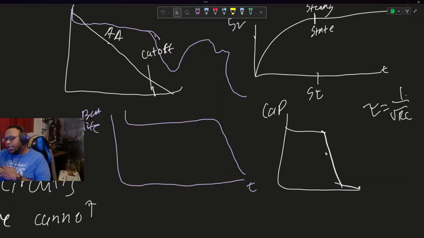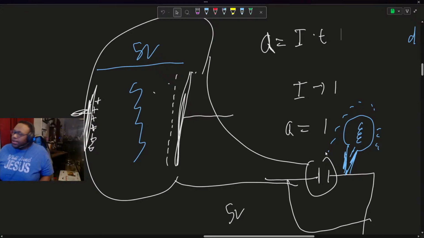That's why it's very dangerous to charge capacitors up and then leave them charged, especially large capacitors that can hold like 50 volts, 100 volts, 200 volts, because it will literally just deliver all of that voltage like that. Current flow is the amount of energy changing over time. So that's like 0 to 50.